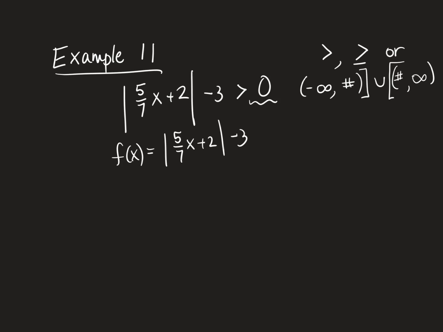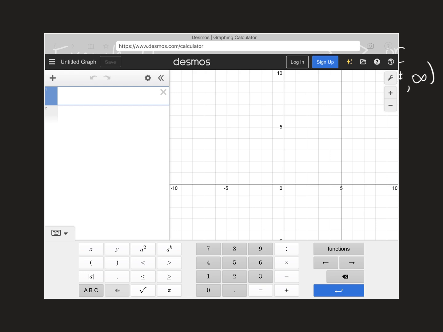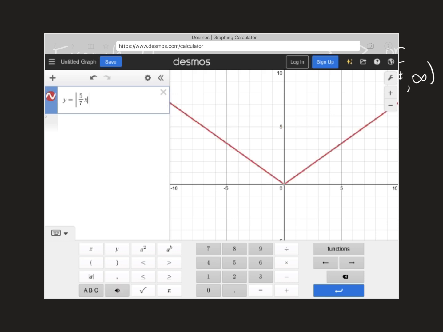So let's grab Desmos and type that in. That was y equals the absolute value of 5/7 x plus 2, minus 3.